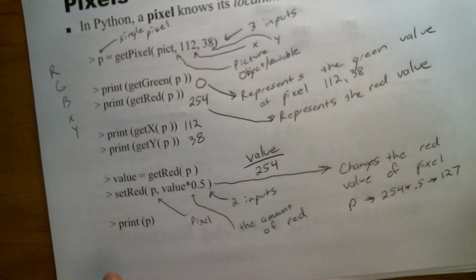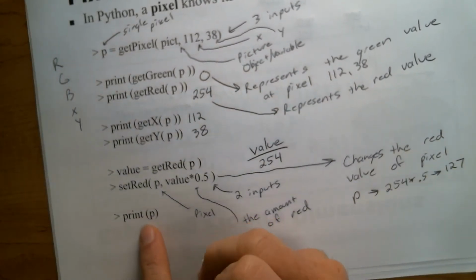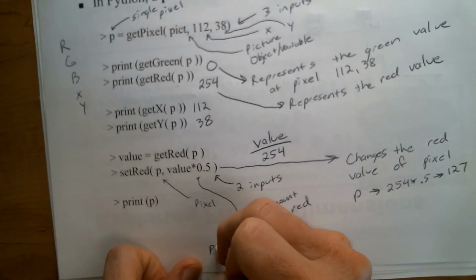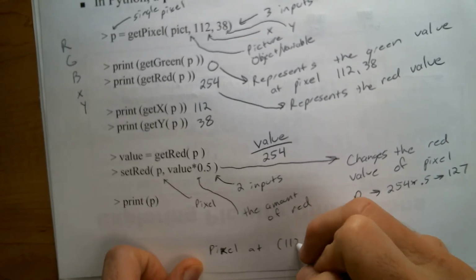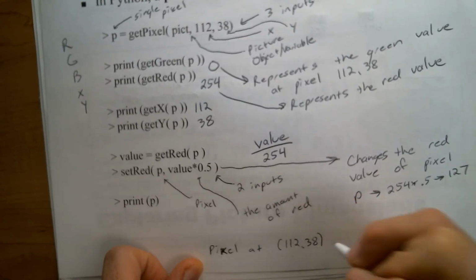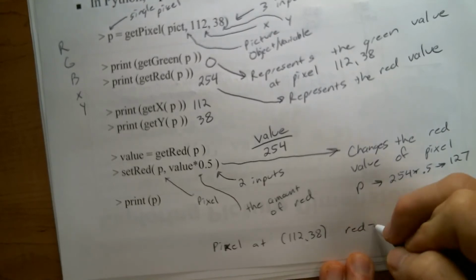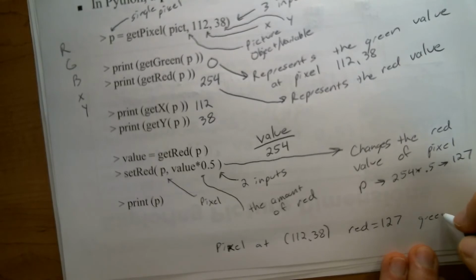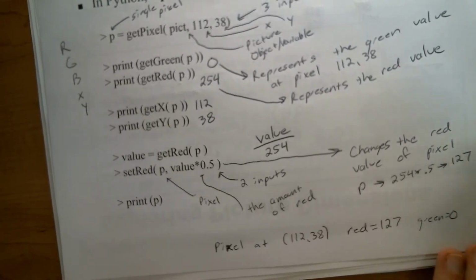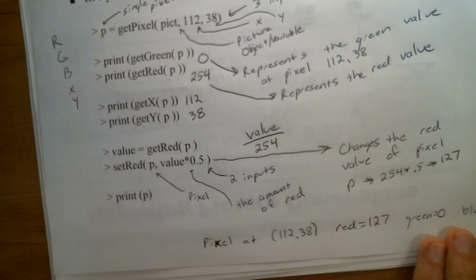Right? And then if you do print P, you're going to see that it gives you the message pixel at 112, 38, which are the coordinates. And then it informs you that the red is now 127, the green is still 0, and the blue is still 0, because we didn't change either of those.